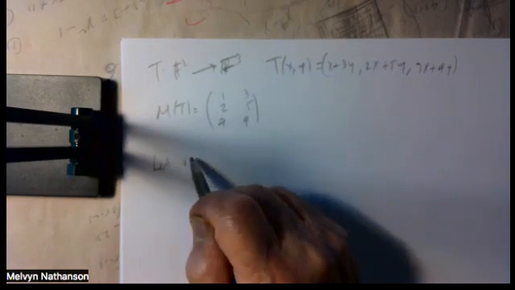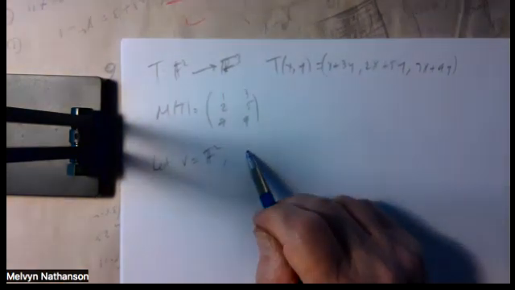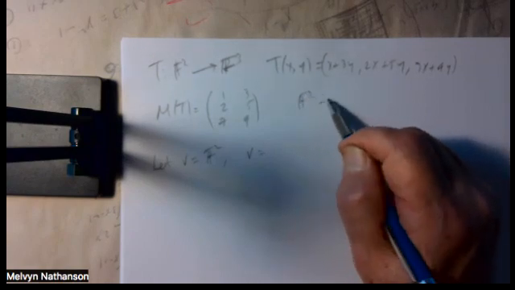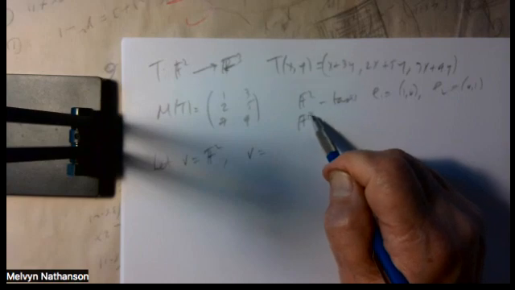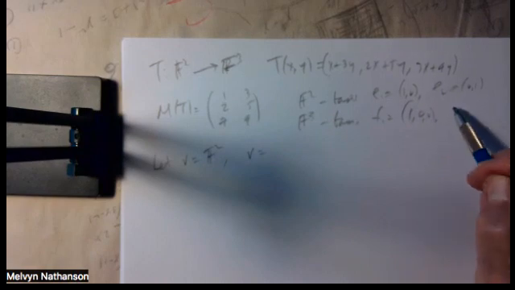So suppose that V is a vector in F2. So we're going to use the standard basis. So for F2, we have the basis E1, which is 1, 0, and E2, which is 0, 1. And F3 has the basis F1, which is 1, 0, 0, F2, which is 0, 1, 0, and F3, which is 0, 0, 1.